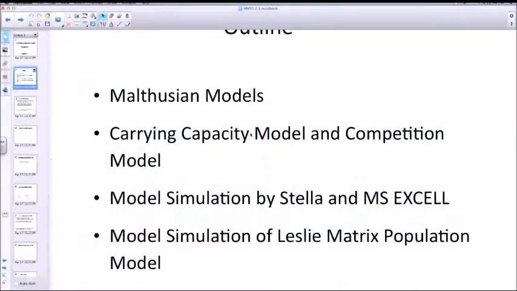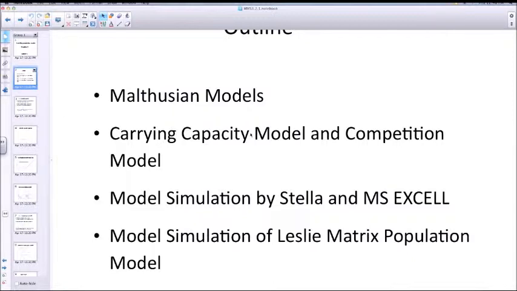So first we're going to talk about the Malthus model. That's the first population model on record. And then we're going to look at two modified population models. One is called the carrying capacity model. Another one is the computational model.